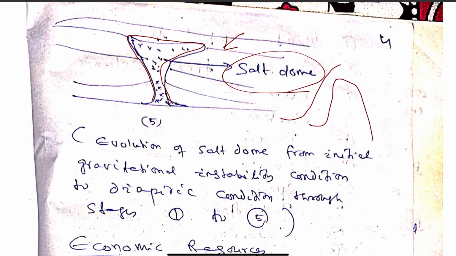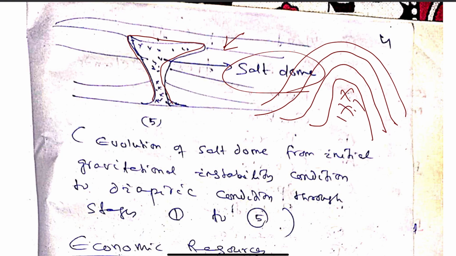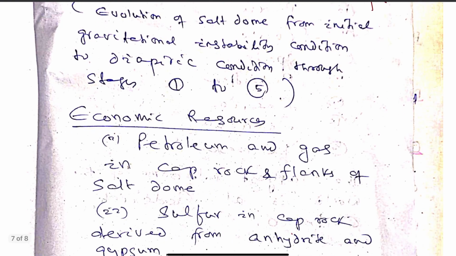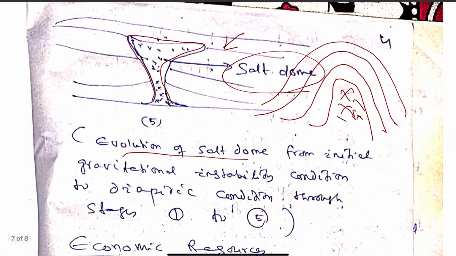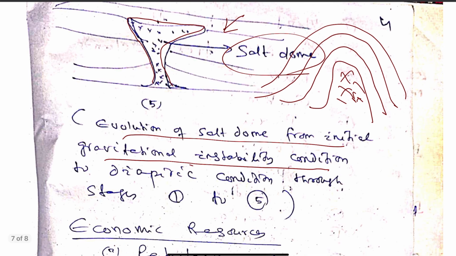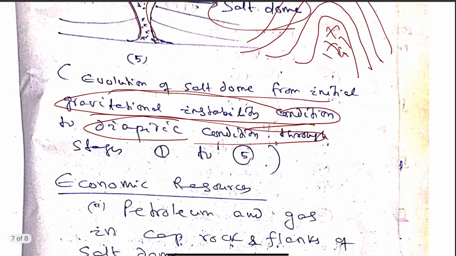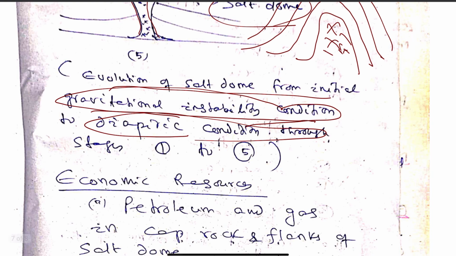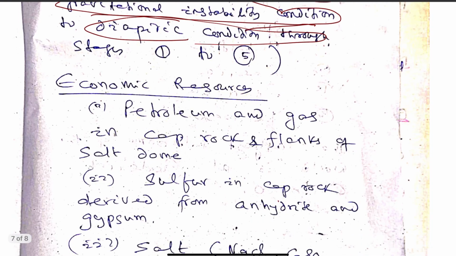But in the case of a salt dome, it has a concordant relationship. It has not cut across the overlying rocks. So from stage 1 to stage 5, this is the evolution of the salt dome that results due to gravitational instability arising out of density contrast between the salt and the overlying sedimentary formations.